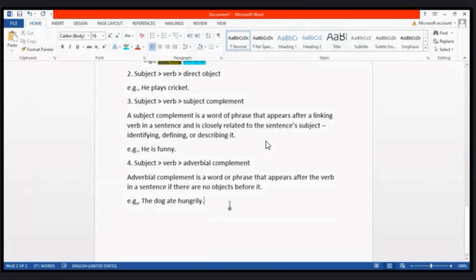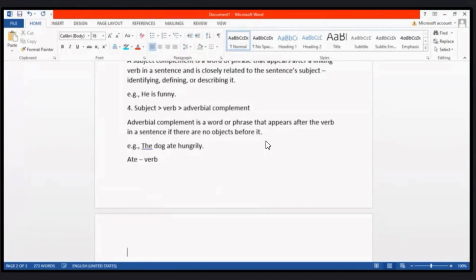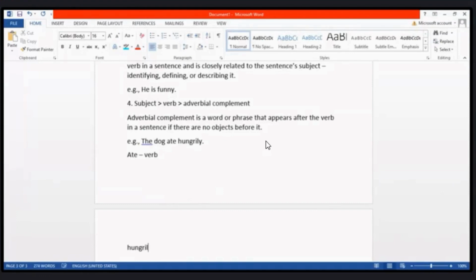In this case, the dog is the subject, ate is the verb, and hungrily is the adverbial complement.